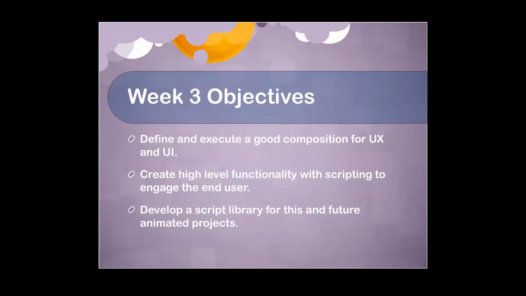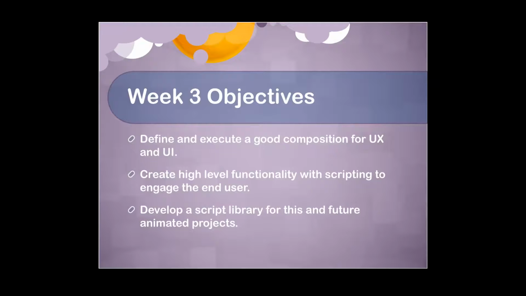So the objectives, number 1, define and execute a good composition for our UX UI, and here's where we're starting to animate, create interactivity. We'll create high-level functionality with scripting to engage the end user, and then develop a script library for this and future animated projects.